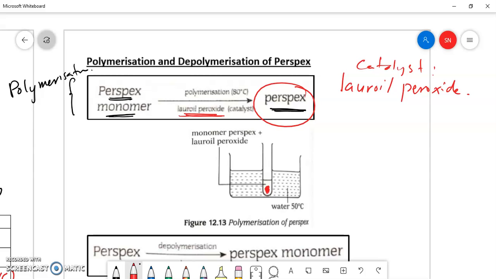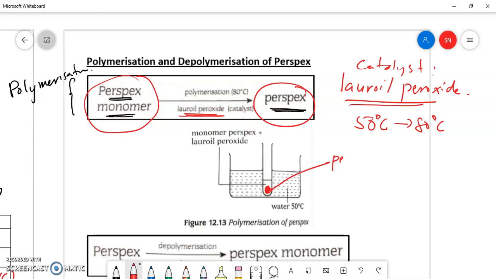So remember, polymerization of perspex involves the perspex monomer added with lauroyl peroxide as a catalyst, with the temperature taken from 50 degrees Celsius up to 80 degrees Celsius, and the reaction will produce a solid, which is the perspex polymer.